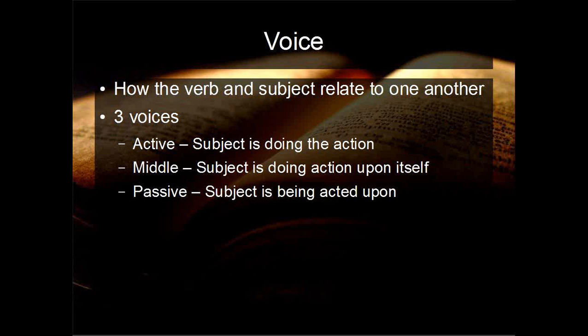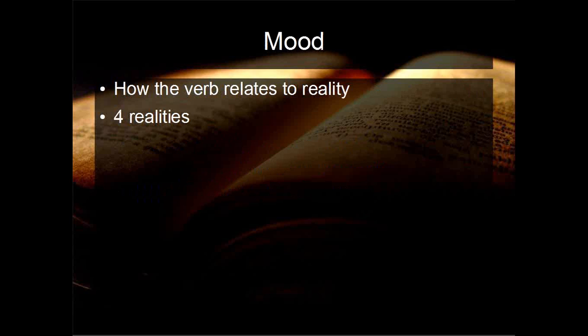All right, then I'm going to continue on. The next thing that we talk about when it comes to what verbs convey is mood. We'll talk about mood next. All right? Mood is how the verb relates to reality. Now, I don't want to get all existential here, right?